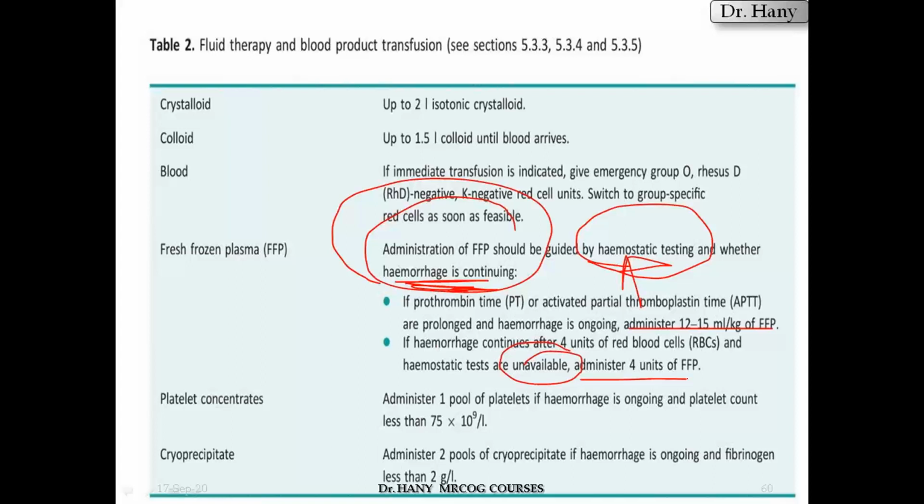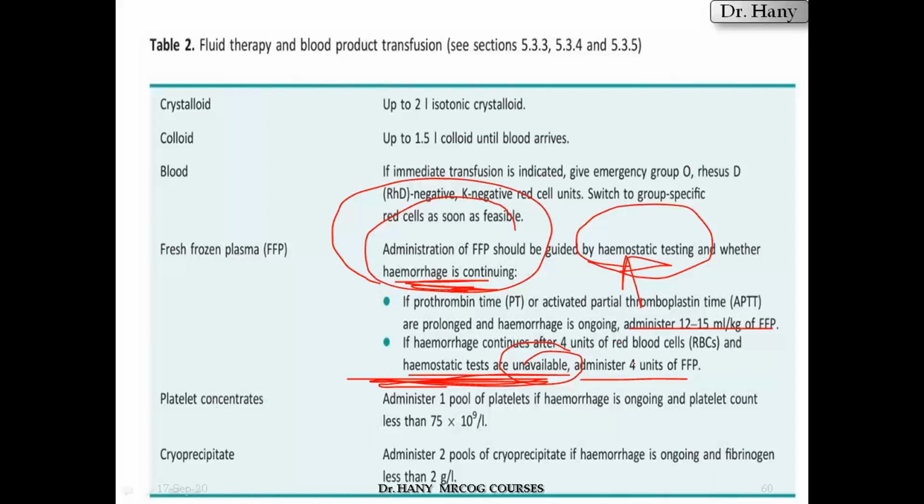This is the massive blood transfusion protocol. If hemorrhage continues after 4 units of blood and the PT and PTT are not available, use the massive blood transfusion protocol: 4 units to 4 units.